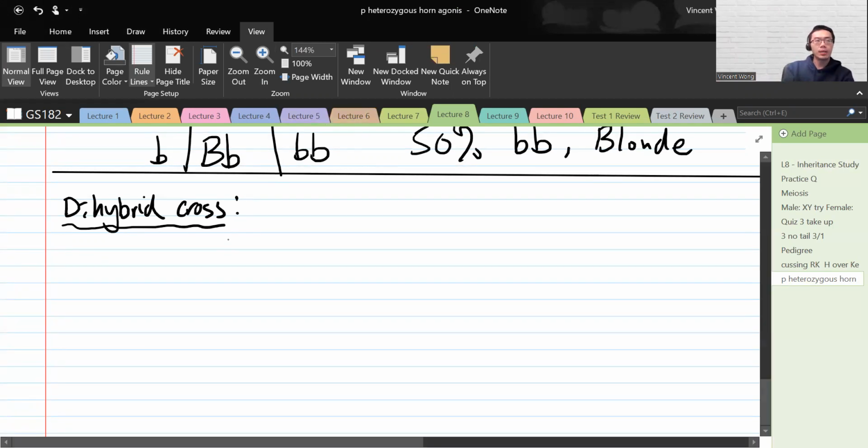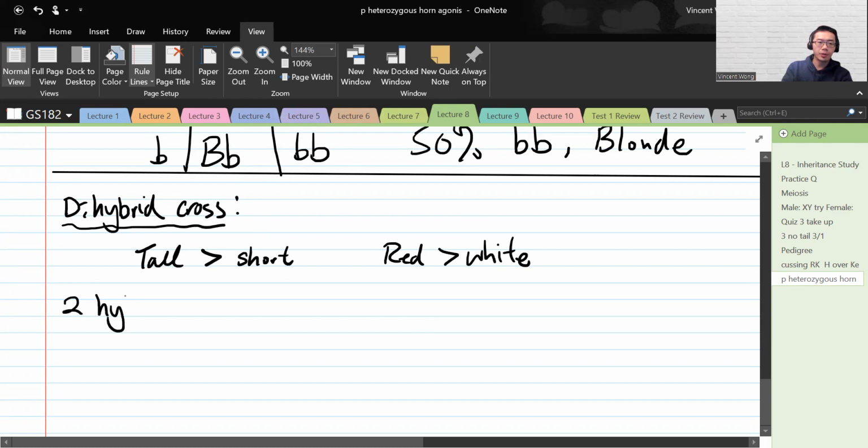So let's say we have some plants, okay? Tall is dominant over short. And then we will say red, as in the flower color, is dominant over white. Okay. So let's say we have two hybrid plants. So what would the hybrid plant genotype be?